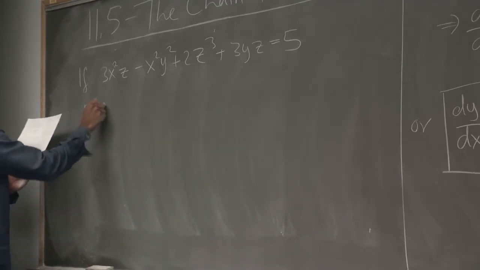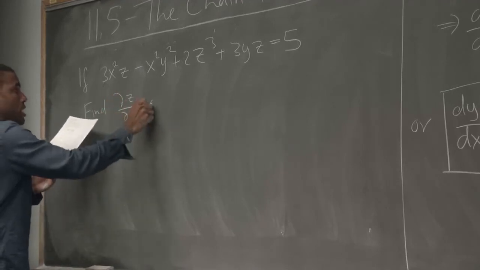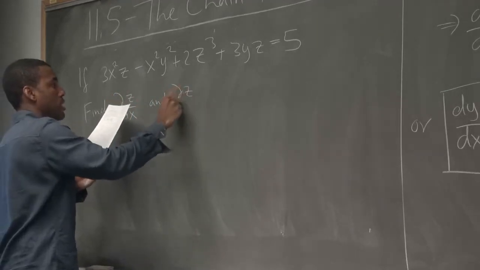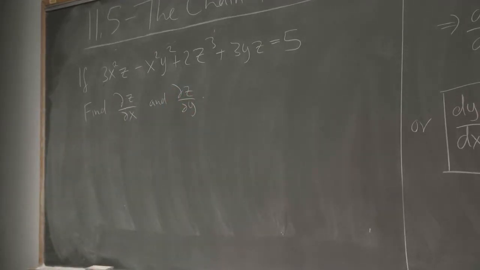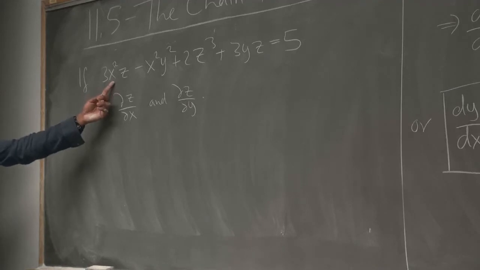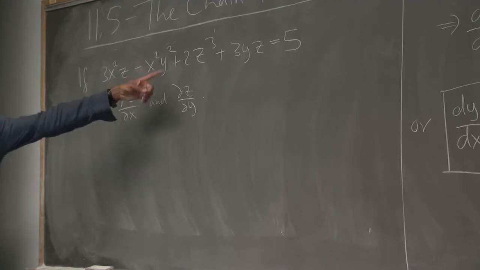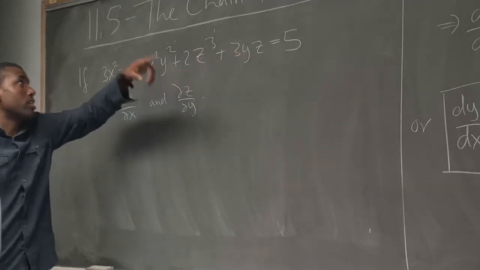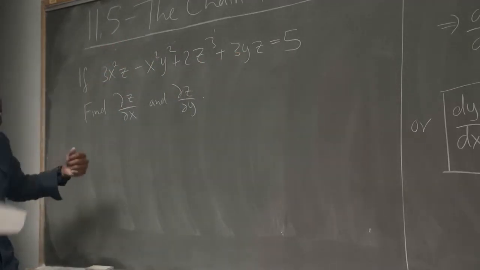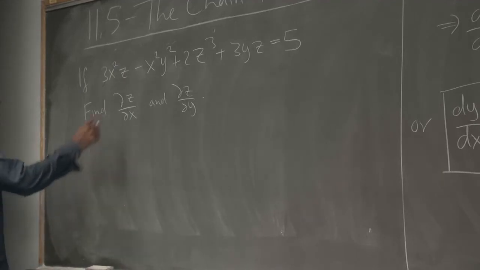Find partial of z with respect to x and partial of z with respect to y. Before this, we were going to have to do this by the product rule. Remember, when you're doing the z, you have to put dz dx, right? Partial of z, partial x. You're going to have to group those terms, bring stuff to the other side, and divide.